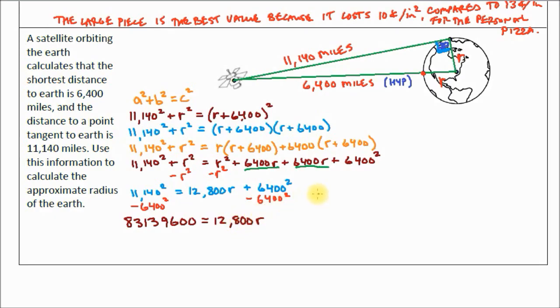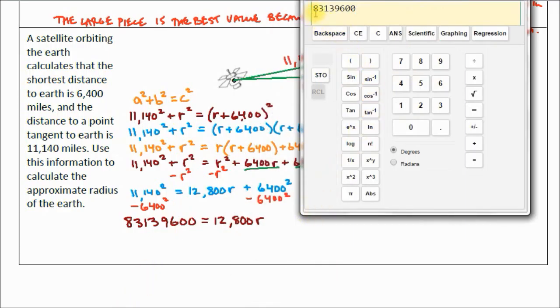12,800r. Last thing we have to do is divide both sides by 12,800 because that's how we're going to get r by itself. So let's go ahead and do that. See if I still have that number in my calculator. Yep, 83,139,600.